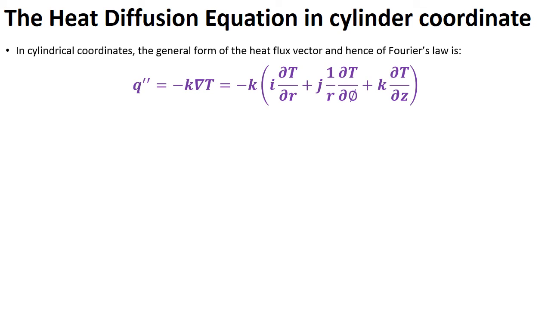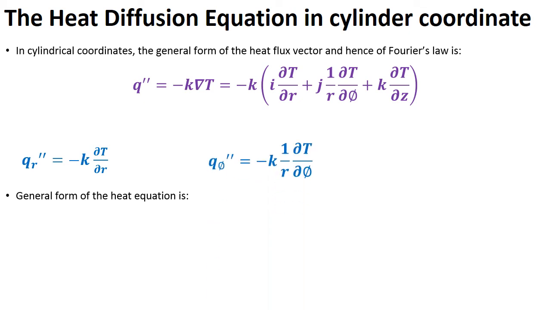Here, heat flux in the r direction is minus k dT over dr. Heat flux in the phi direction is minus k 1 over r dT over d phi, and heat flux in the z direction is minus k dT over dz.